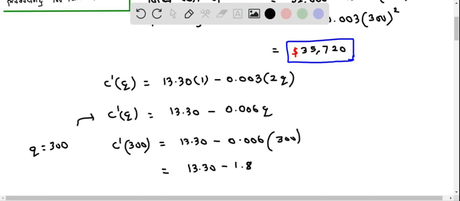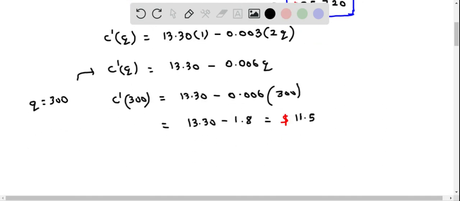So I write 1.8. 13.30 minus 1.8 equals 11.5. So this is 11.5, and this is in dollars. And so this is the marginal cost when producing 300 items.